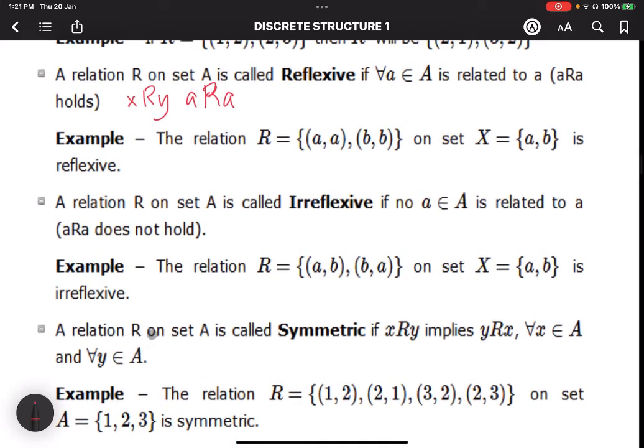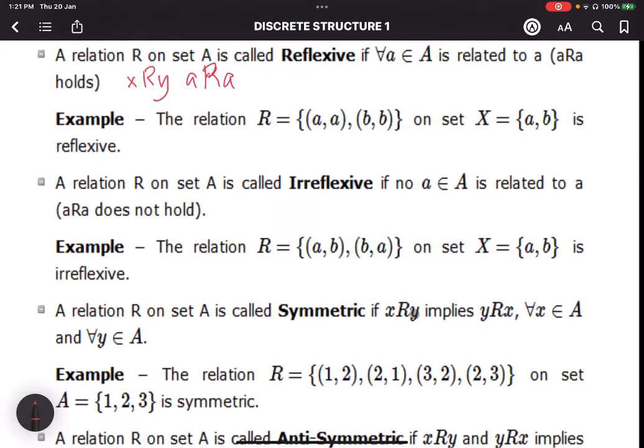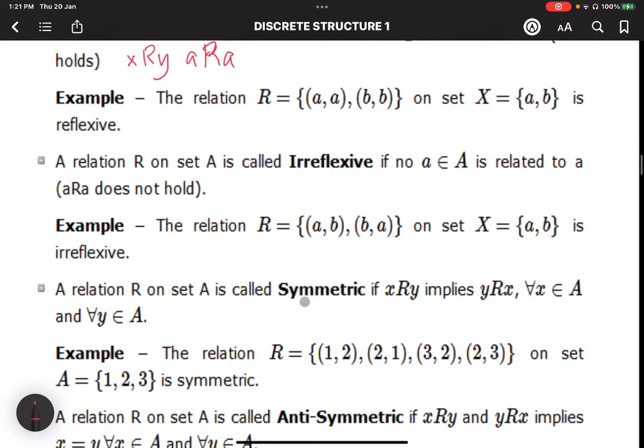A relation R on set A is called symmetric if X R Y implies Y R X. So kapag in-inverse natin, kahit baliktarin natin, the same pa rin siya, then it is symmetric, no?